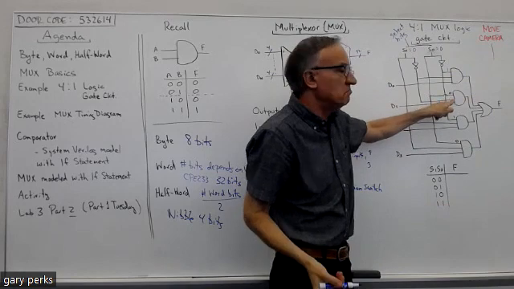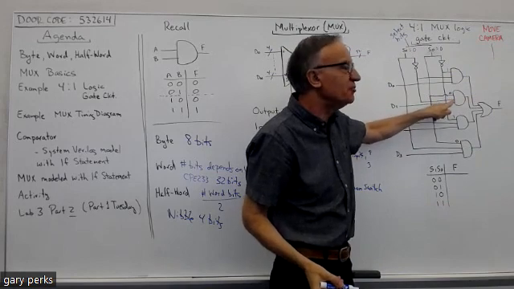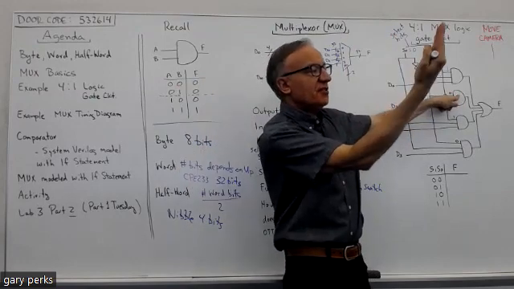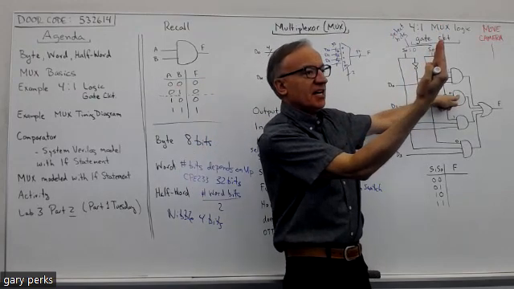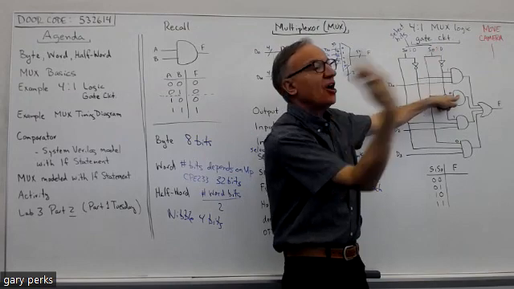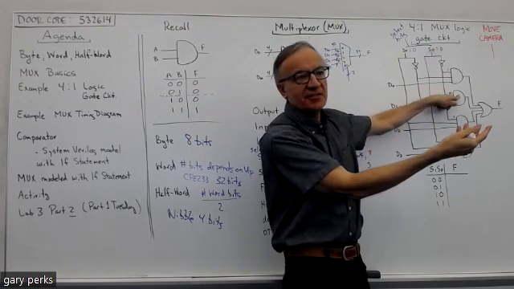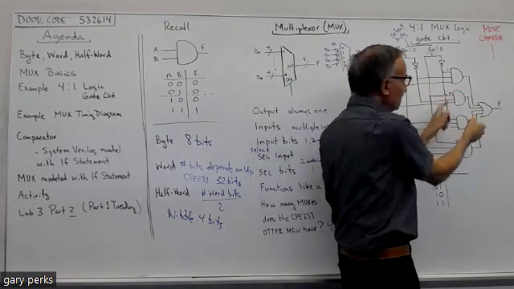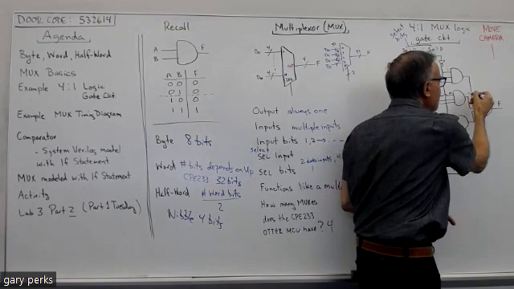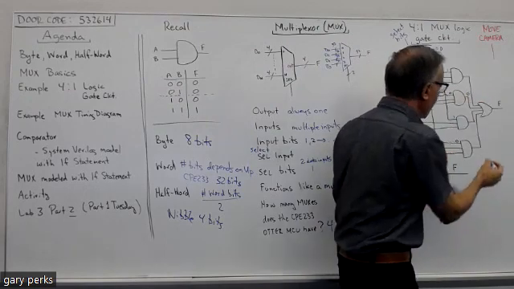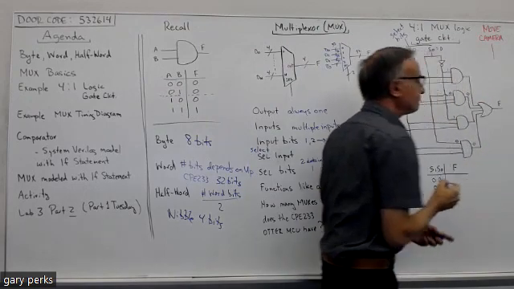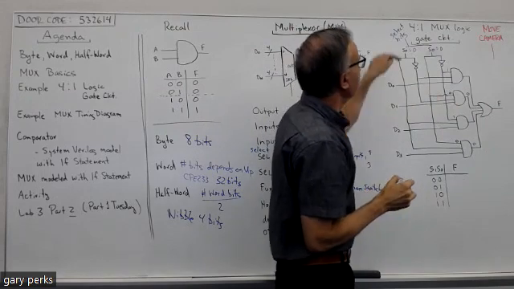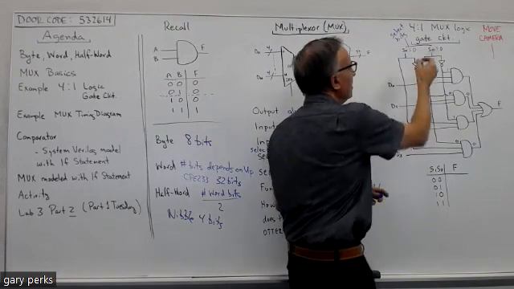See, I don't care what those other two inputs are because, as we just talked about, if you have a 0 at the input of an AND gate, the output's going to be 0 regardless what the other inputs are, right? Because it takes all the inputs to be a 1 to get a 1 out. So you see, I don't have to figure out what those other inputs are. I know this has to be a 0. Likewise, I know this has to be a 0.